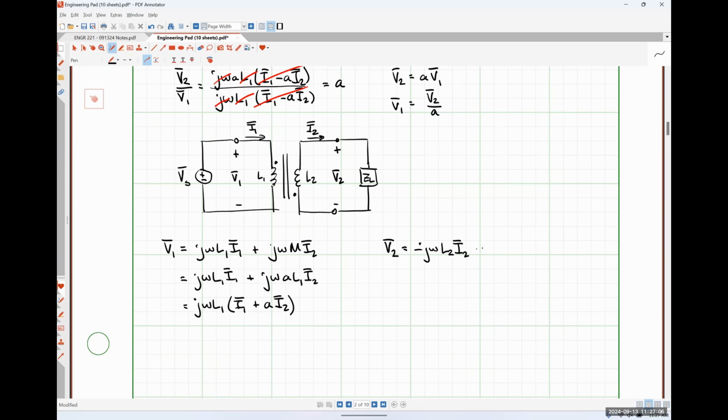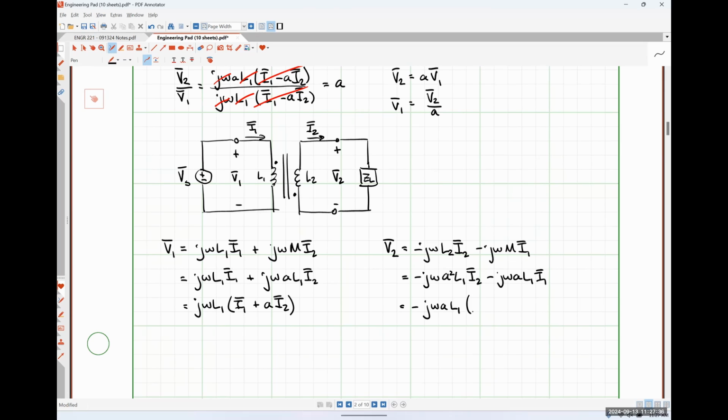So we'll have negative J omega M times I1. And then using similar substitutions from up above, we have negative J omega A squared L1 I2 minus J omega A L1 times I1. So there is a common factor of negative J omega A L1 that I can pull out.